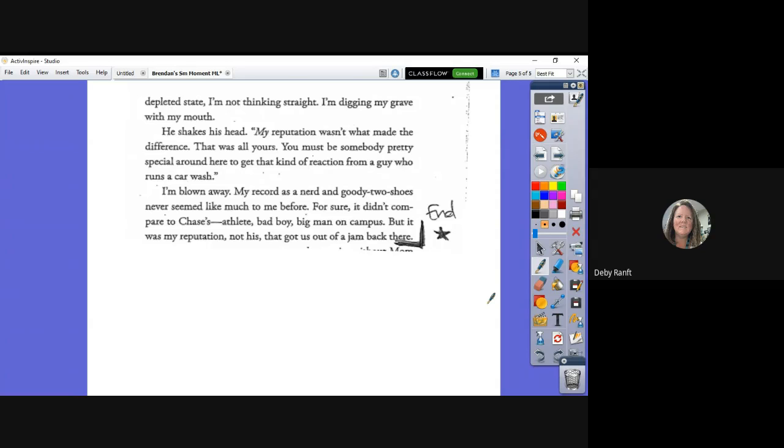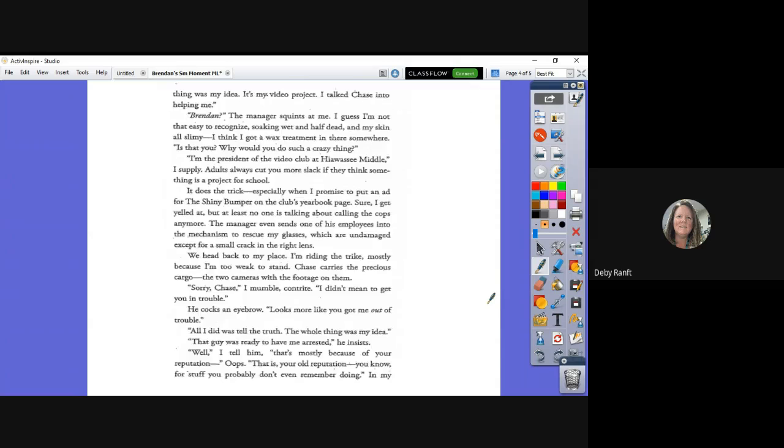It starts with, I'm blown away, and ends with, it was my reputation, not his, that got us out of the jam back there. Okay, so beginning is on page 48. Ending is on page 51. We got that? Yes? Crickets? Are we asleep? Wake up, kids.